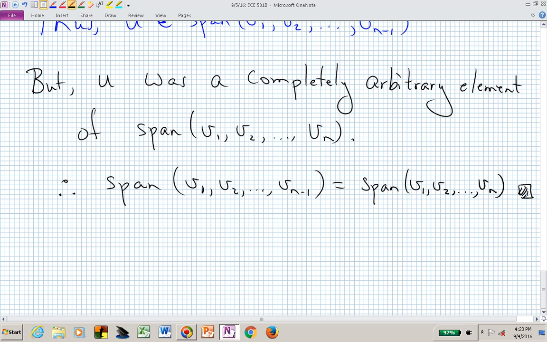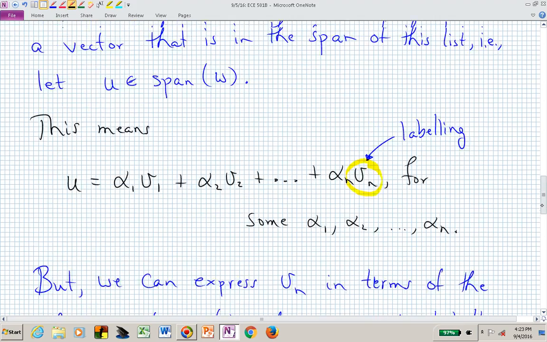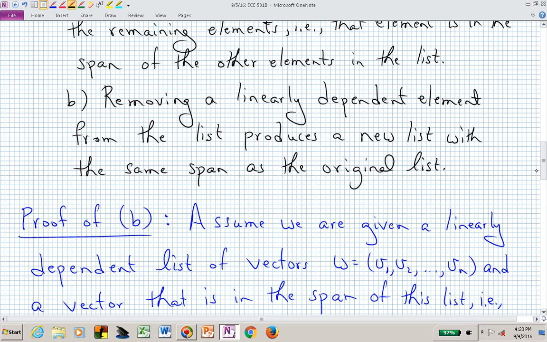And that's what we were trying to show, that if we have a linearly dependent list, then we can actually discard an element from that list and still retain the same span of n vectors with n minus 1 vectors.